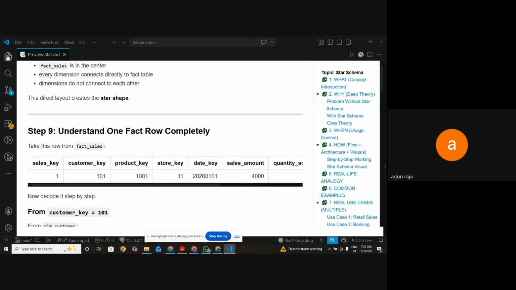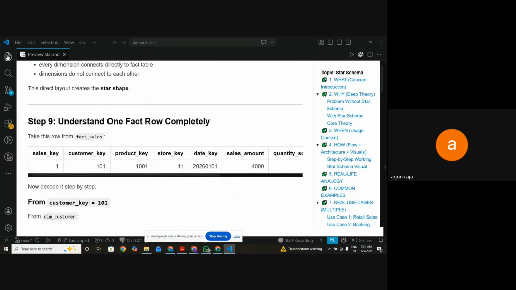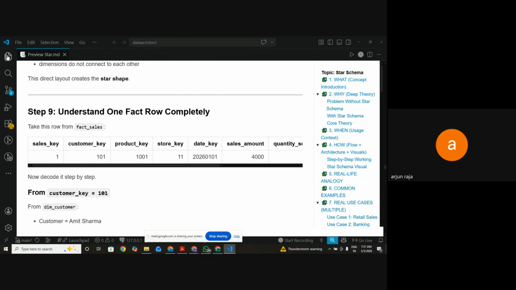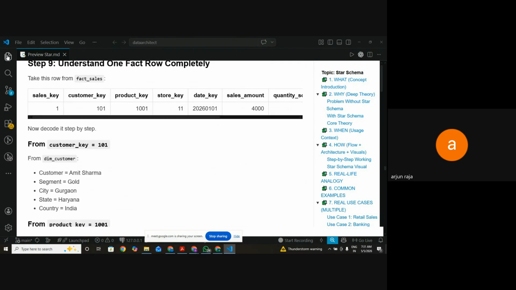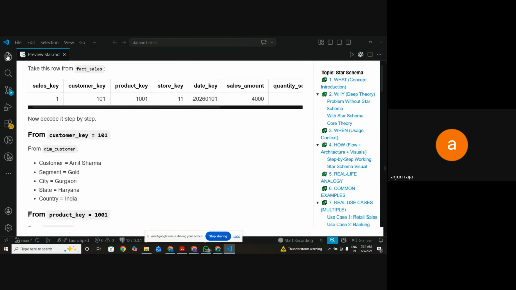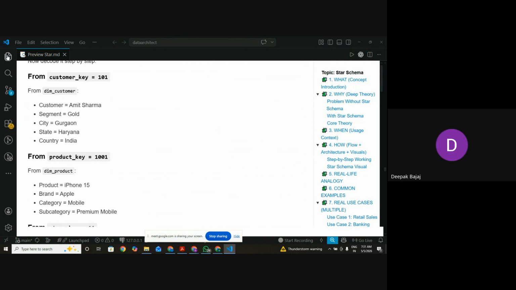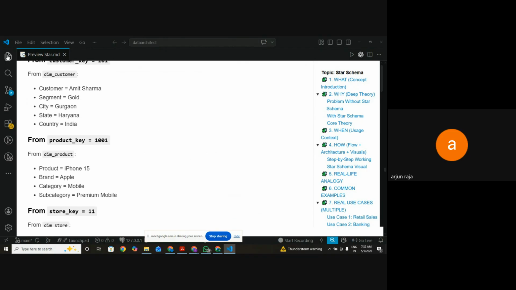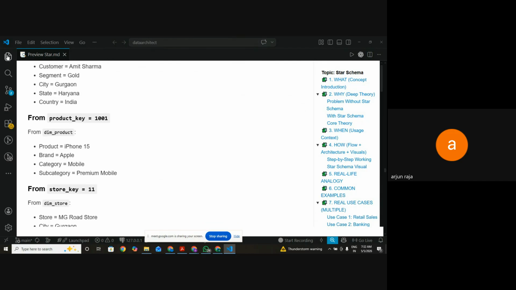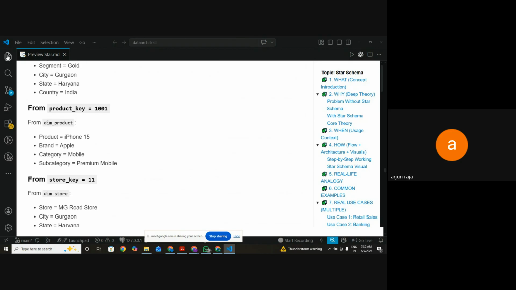As I told, understand one fact row completely. Take this row from fact sales. Now decode it step by step. Customer key 101 is equal to 101 from the customer dimension: Amit Sharma. Product key: what product he has bought?